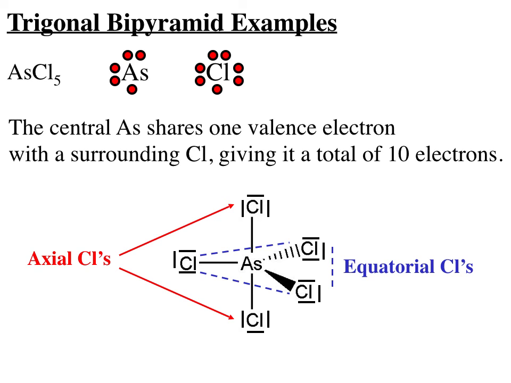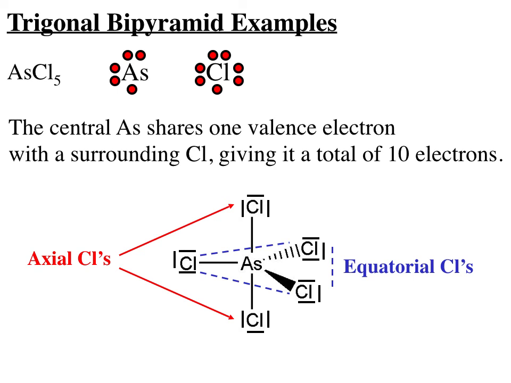So I will arrange them around the arsenic as you see in the picture at the bottom. 3 of the chlorines in a central 120 degrees, if you like, trigonal planar arrangement in the middle. Those are the so-called equatorial chlorines. Then 1 above and below the plane with 2 axial chlorines.